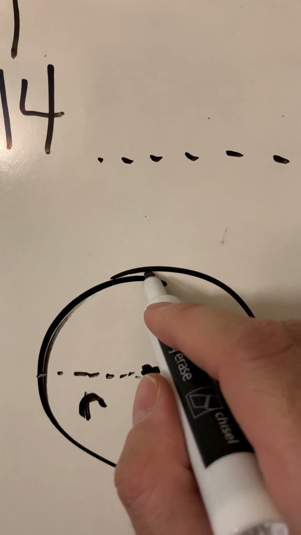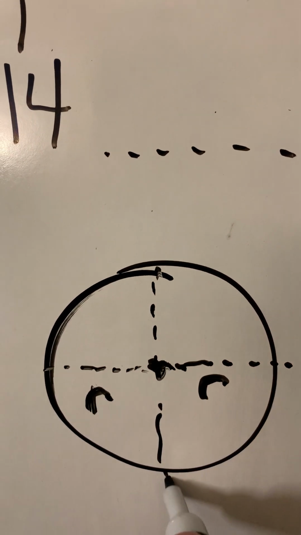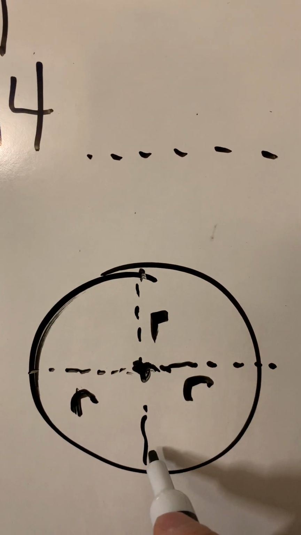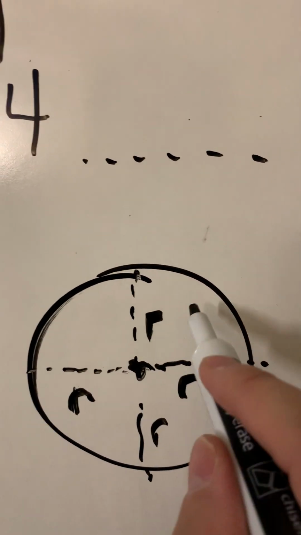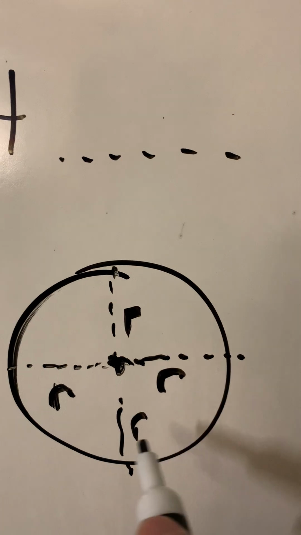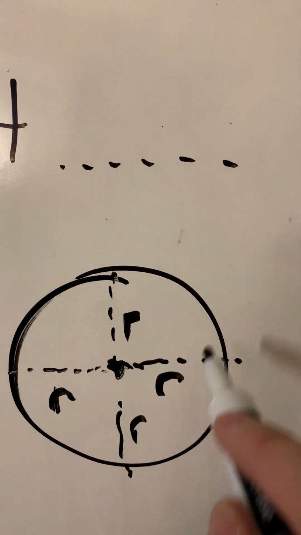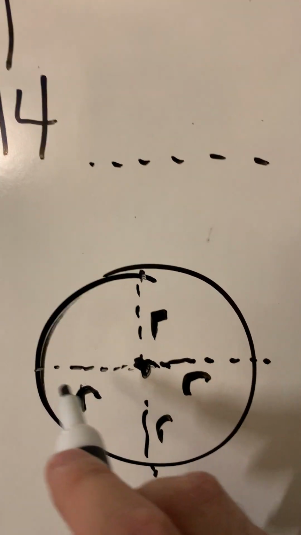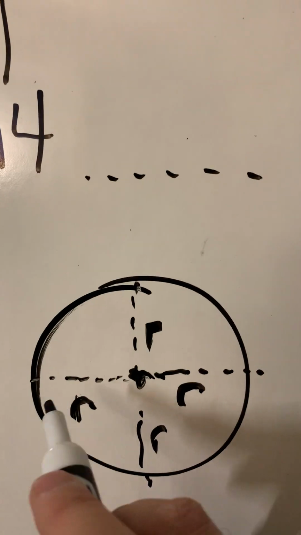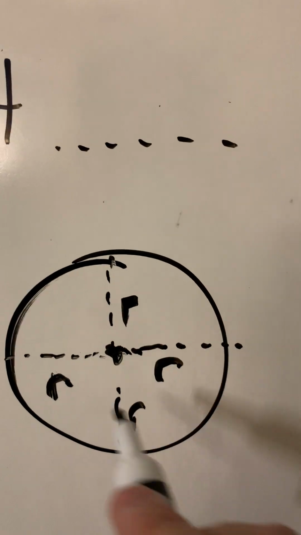And then the same thing you could do vertically. In fact, you could go diagonal, you can go all directions. The radius is always the same from the center to the side. It's always equal. These are all equal distances. And the diameters, therefore, are all the same, 2r.